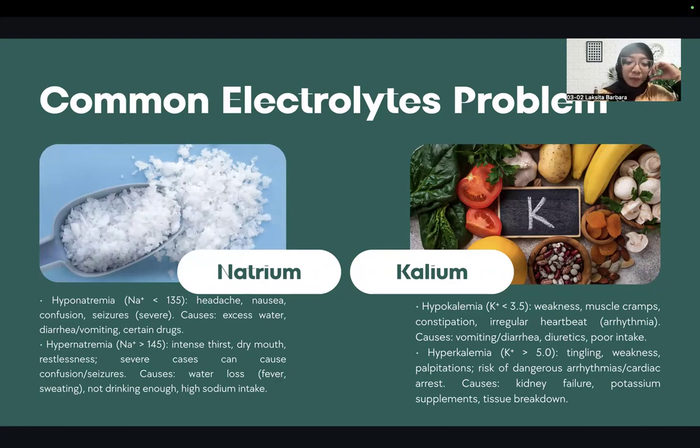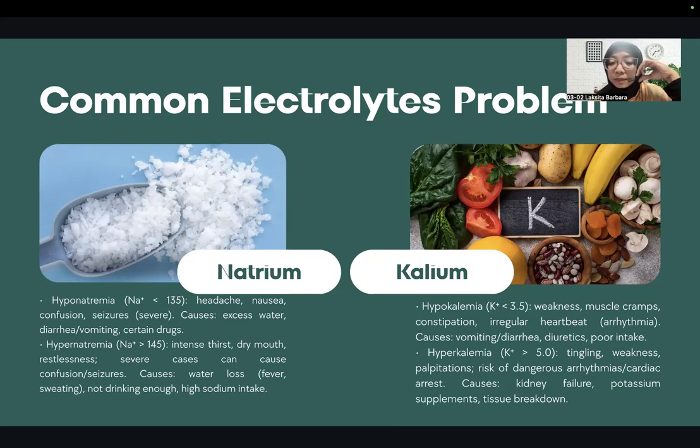The causes of hyponatremia can be excess water, diarrhea or vomiting, and certain drug effects. Hypernatremia can cause intense thirst, dry mouth, restlessness. A severe case can cause confusion or even seizure. The causes of hypernatremia can be water loss, not drinking enough, or too much sodium intake.